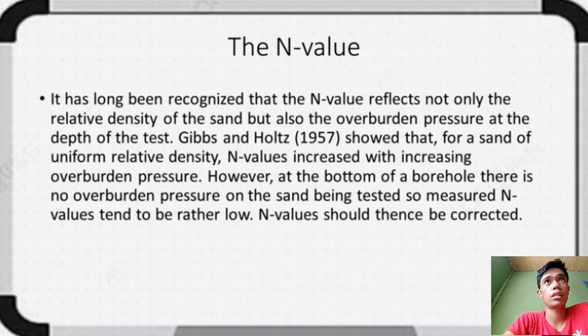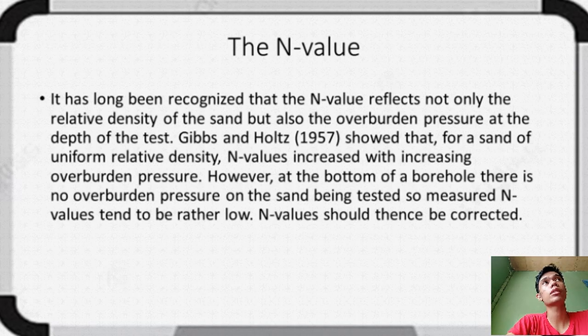So Gibbs and Holtz 1957 showed that for a sand to have a uniform relative density, N values increase with increasing overburden pressure. However, at the bottom of the borehole, there is no overburden pressure in the sand being tested, so measured N values tend to be rather low. N values should hence be corrected. So ang isa daw ka problema aning N value kay sa first record daw aning N value, ang iya daw overburden pressure kay nagkadako.